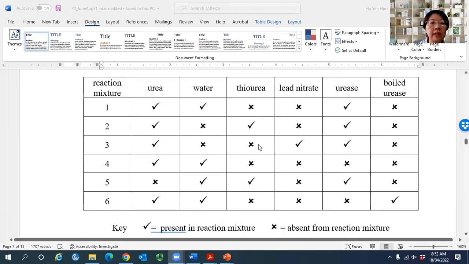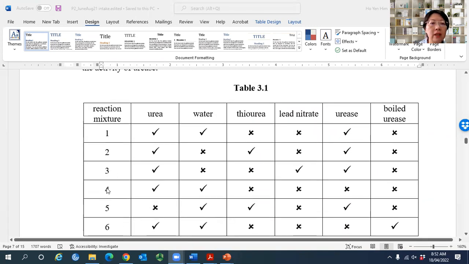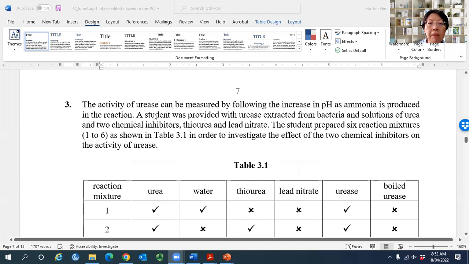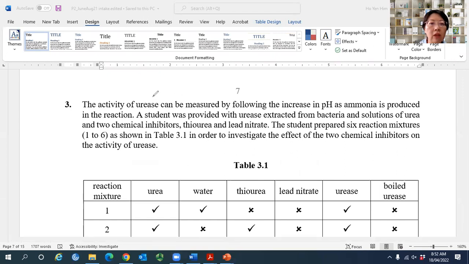So in this question, they say that they have prepared 6 reaction mixtures, and these are the compositions in the reaction mixtures, right? So they're talking about urease activity, which converts urea to ammonia, plus CO2.